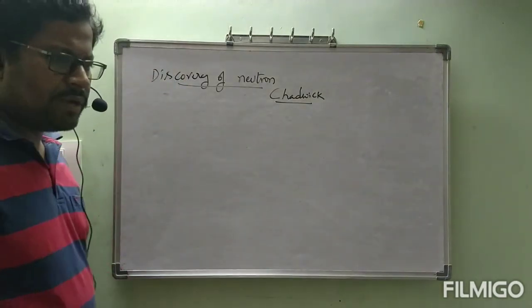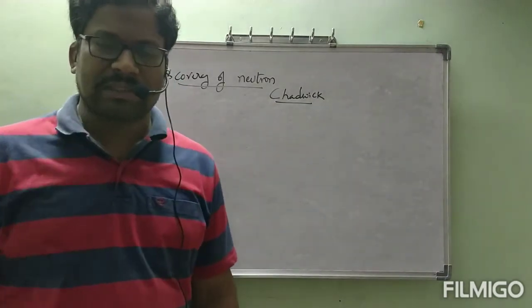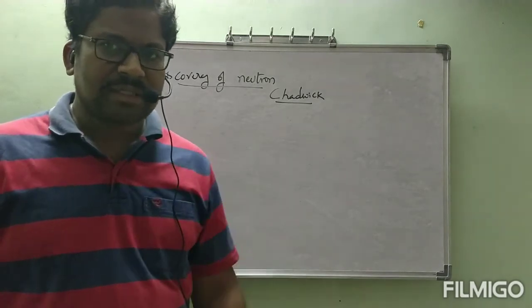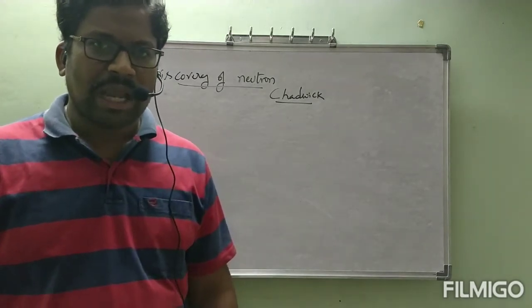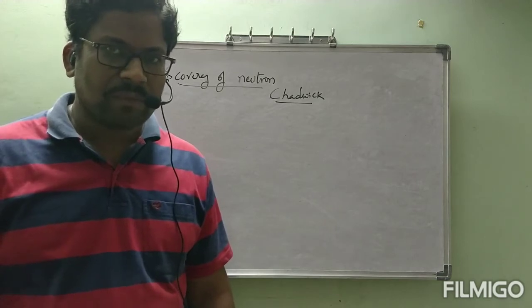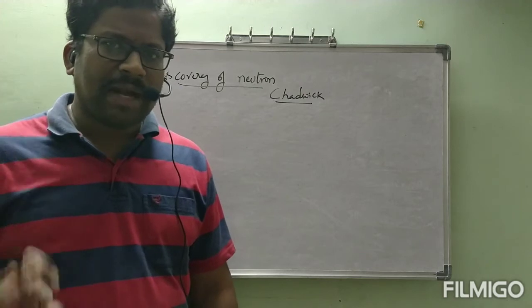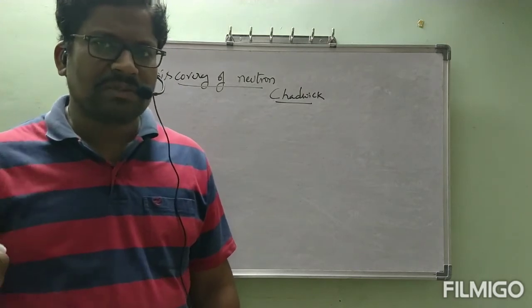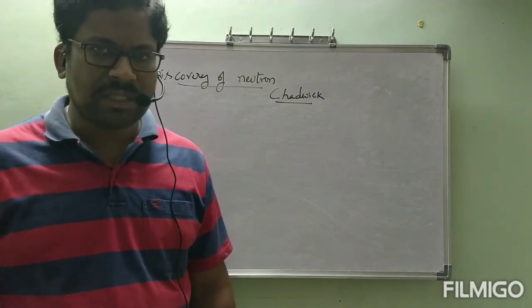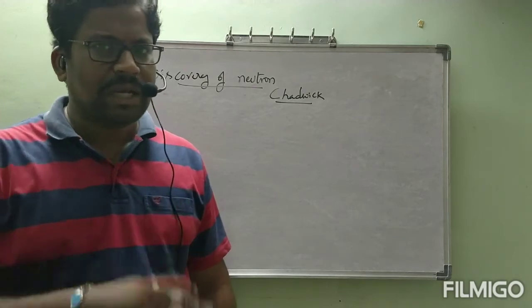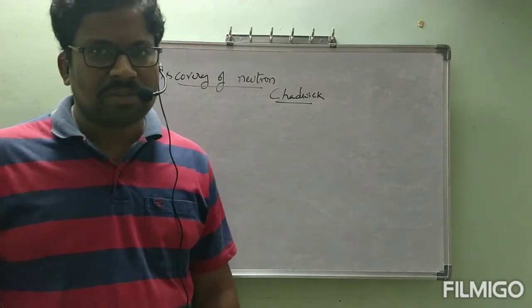Actually, till now we have completed negative rays and positive rays. The atom is neutral. It contains particles, those particles are electrons and protons. Electrons carry negative charge, protons carry positive charge.